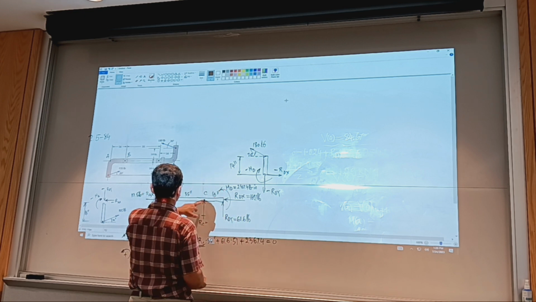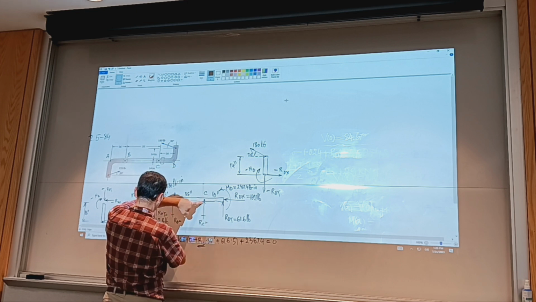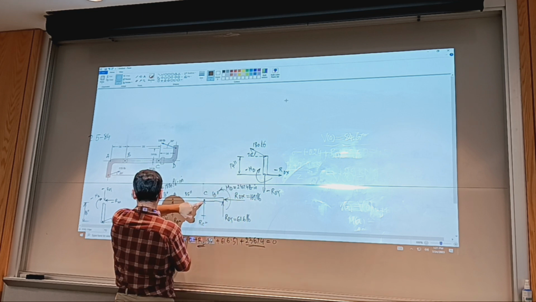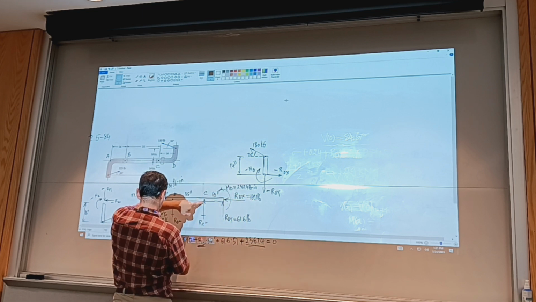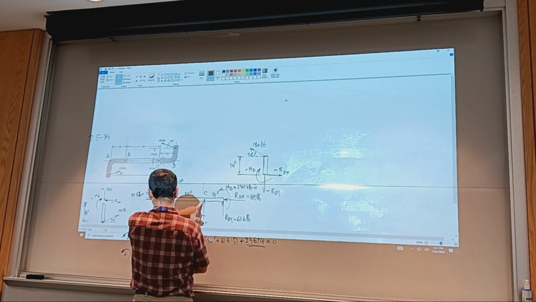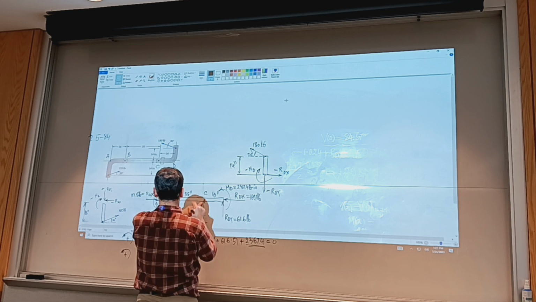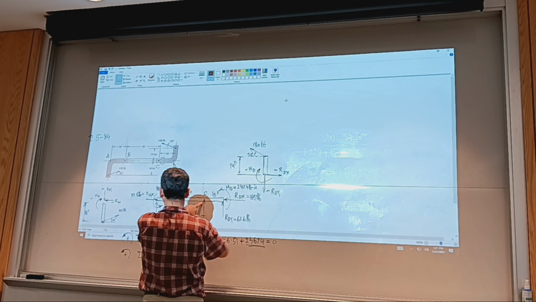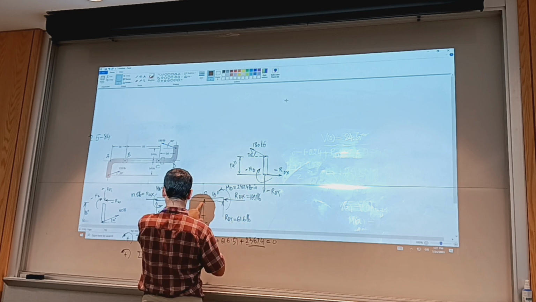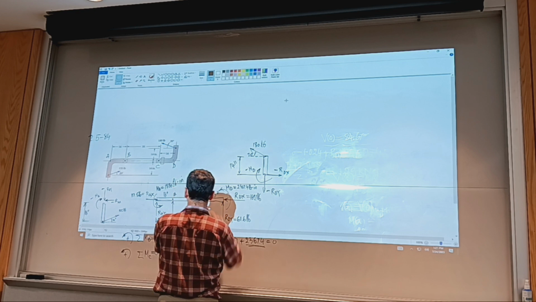Okay, and then I sum moments about C. So it will be 1880, and then I have negative 42.8, and the arm is 51, and it's a negative moment. And then I have negative RB, arm is 35.